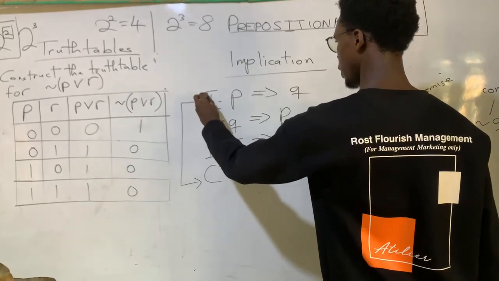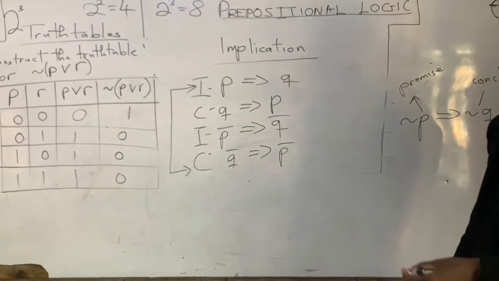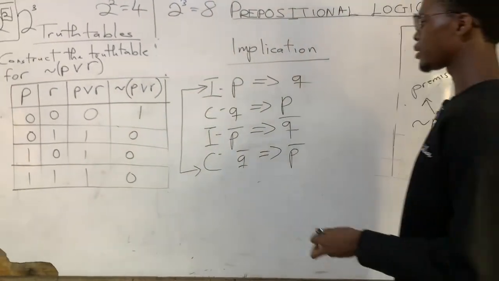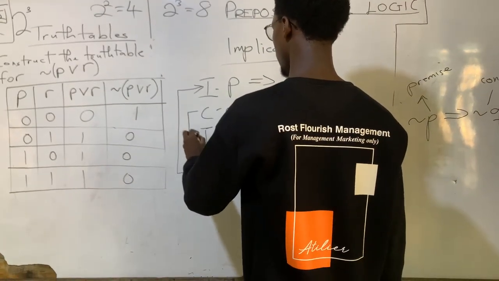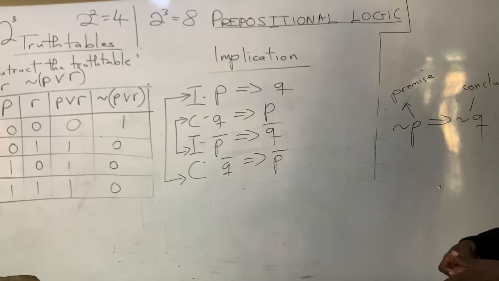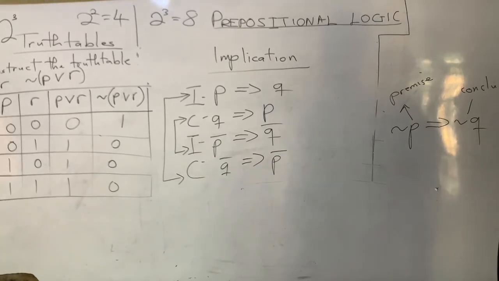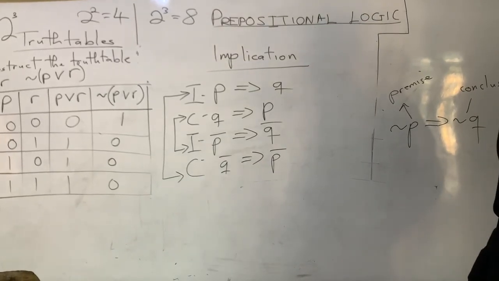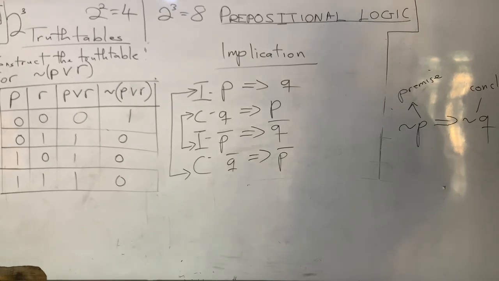The inverse and the contrapositive are always logically equivalent. And the converse and the inverse are also logically equivalent all the time. Yes, I believe. Right.